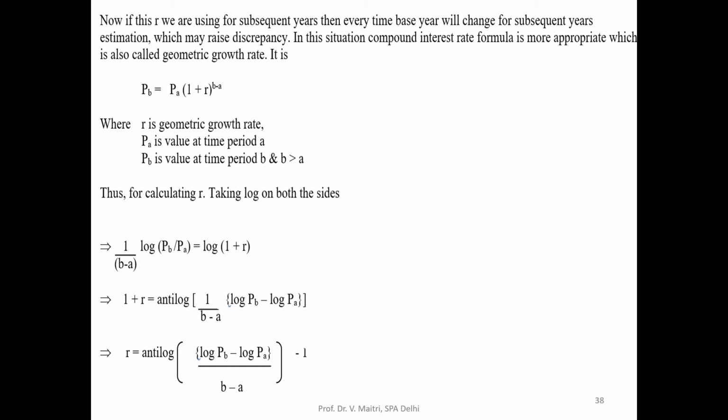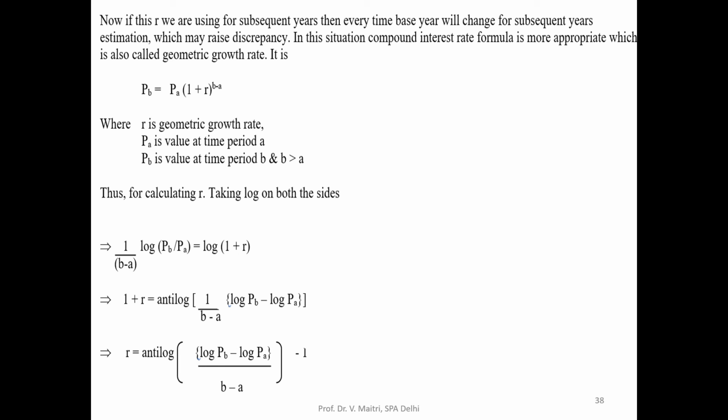Understand what geometric means. Here we are using a compound interest rate formula. So PB is equal to PA times 1 plus R raised to the power B minus A. R is the geometric growth rate, PA is the value at time period A, and PB is the value at time period B, and B must be greater than A.